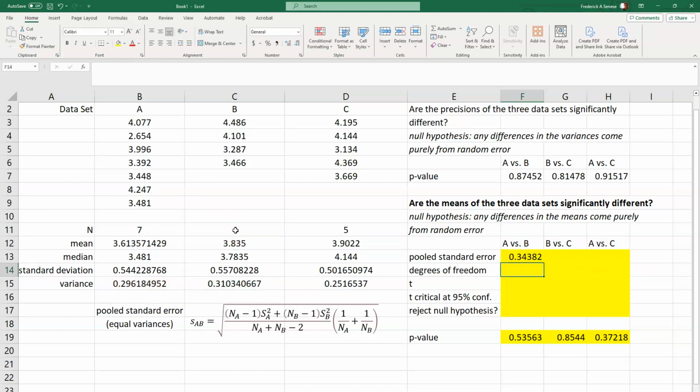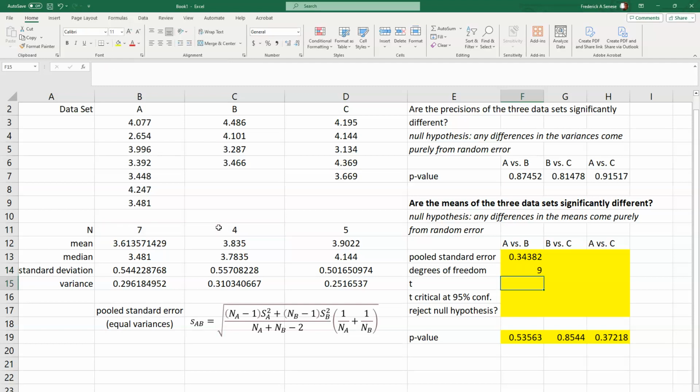And it gives me a pooled standard error of 0.34. Okay. How many degrees of freedom do I have for the t-value I'm about to calculate? This is actually the degrees of freedom here, NA plus NB minus 2. So it's going to be, whoops, I have to say equals, NA plus NB minus 2. That's the degrees of freedom I have for this comparison.